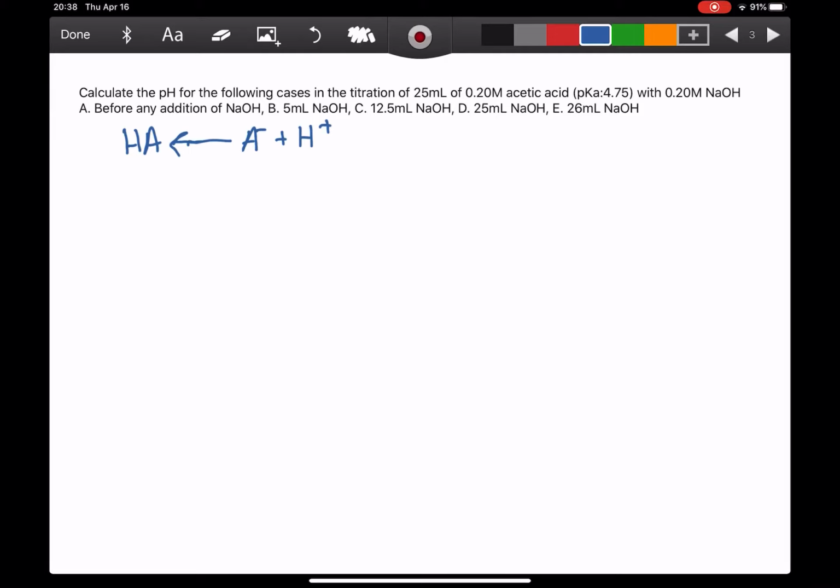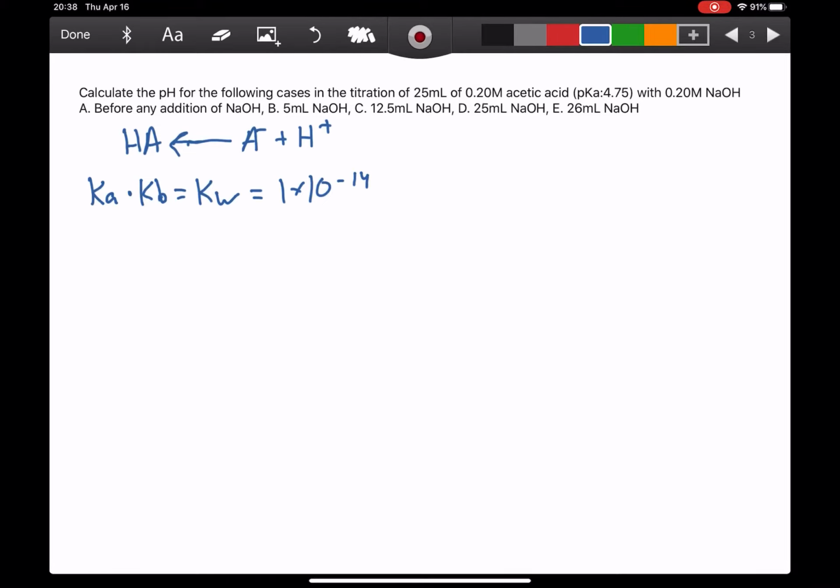So if you remember, the Ka times the Kb is equal to Kw, which is the autoionization constant of water. This is a constant. Kw is equal to 1 times 10 to the negative 14th.